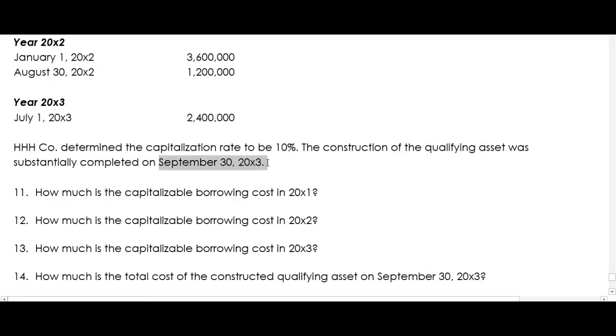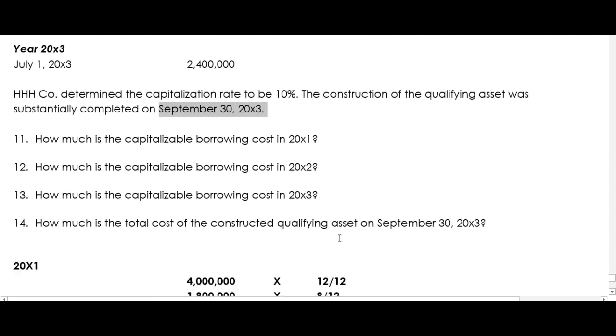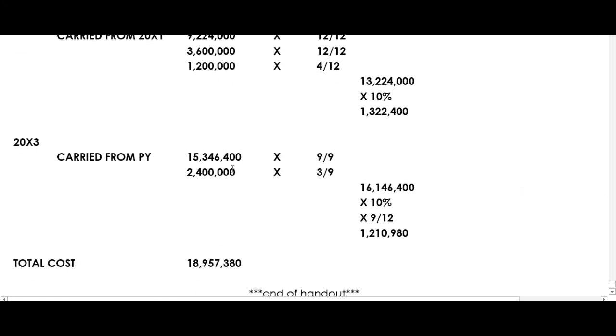So, kung September 30 ang basis mo, 20x3, then 9 months lang yun. Kaya yung pag-weigh din natin, yung weighted average natin is based on 9 months lang. Okay? So, yun. 15, 9 times 9 over 9. Wala namang kaso kasi carried na yun sa previous year. Kahit 12 over 12 pa yan, same din lang yung amount. Pero itong 2,400,000, outstanding lang siya ng 3 months out of the 9 months na nag-construct tayo during the year.